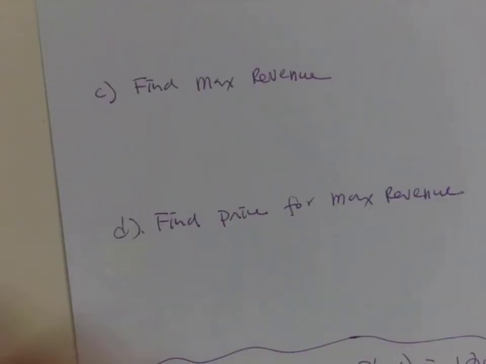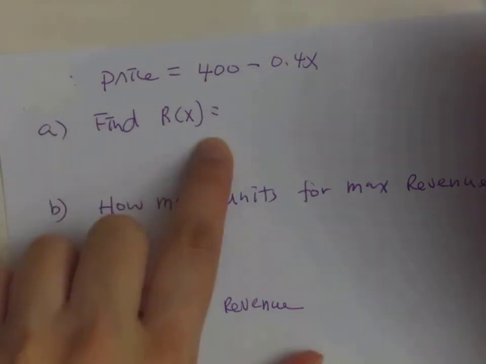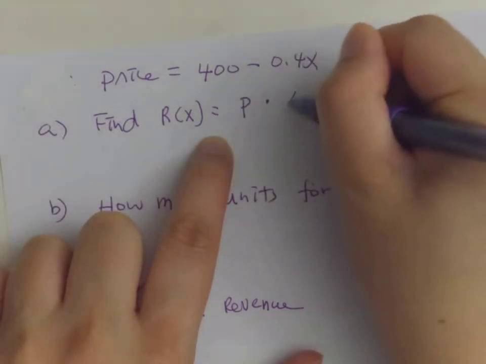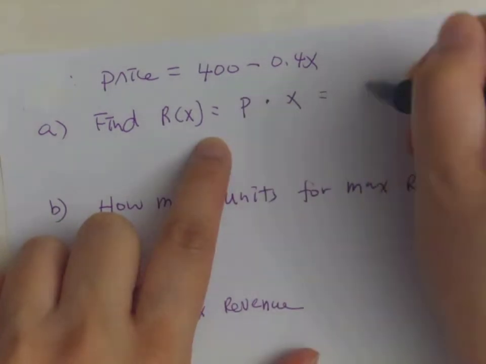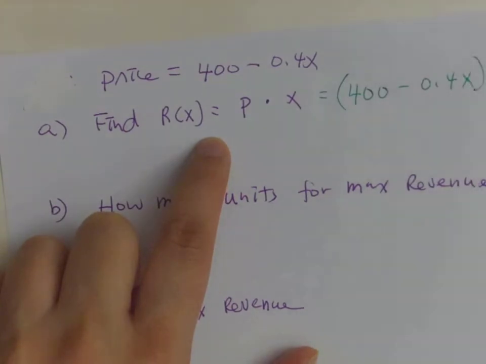If I give you a price function and ask you to find the revenue function, how do we find revenue from price? Revenue equals price times x units, right? If my price is 400 minus 0.4x, then I need to multiply the whole thing by x.